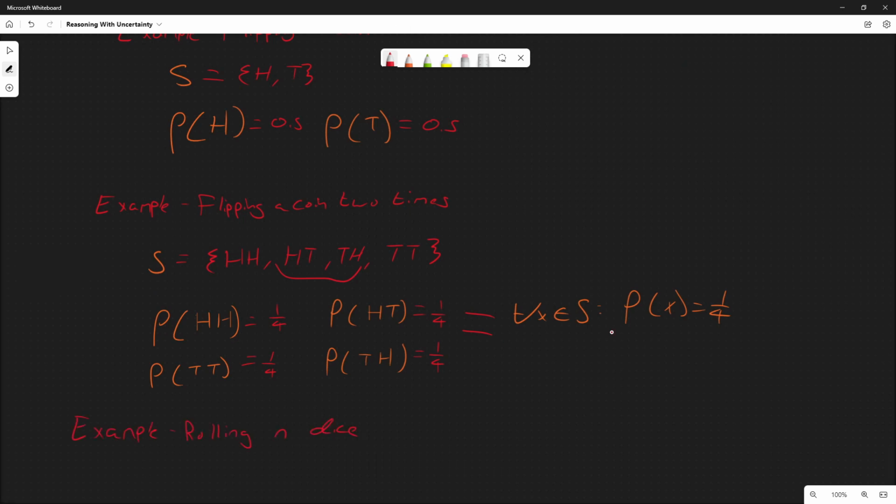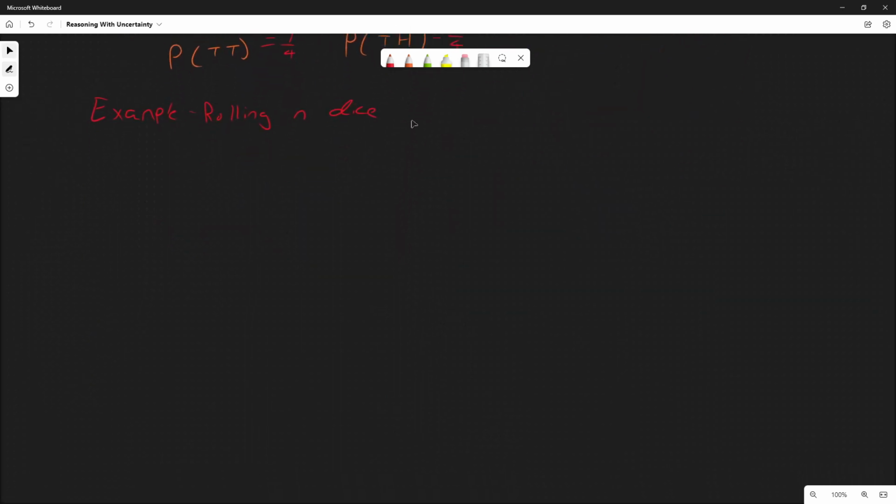Finally, let's move on to a slightly more complicated scenario of rolling n dice. We don't know how many dice, just n. How can we represent this in our model of our sample space? Well, the way we do it, we say S is equal to 1 through 6, shorthand, so we don't have to write all the individual elements because it is just a contiguous 1 through 6.